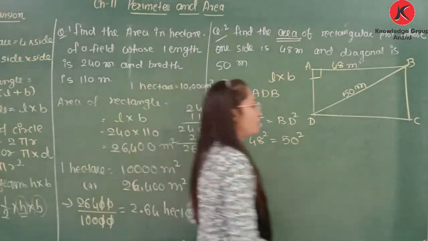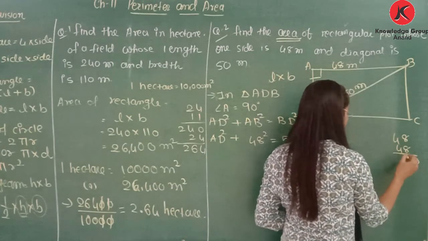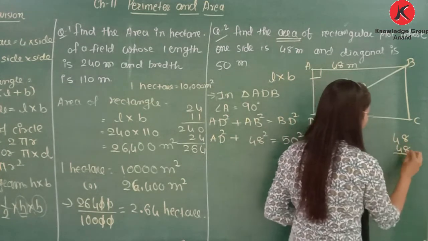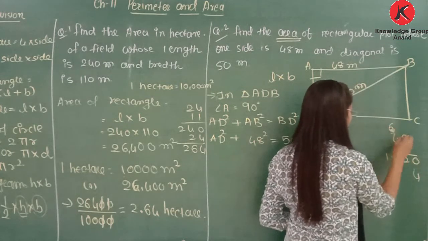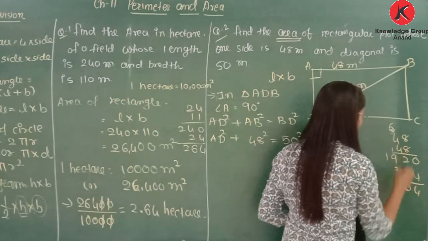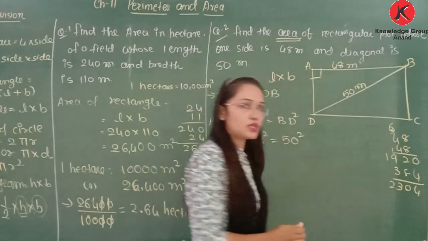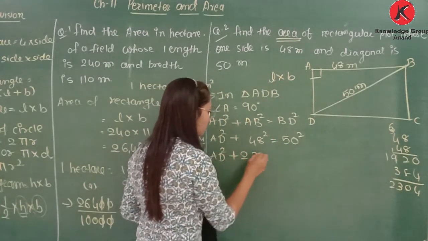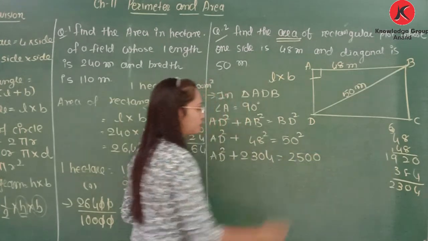So find the multiplication of 48 with 48, that is 2304. And 50 square is 2500.